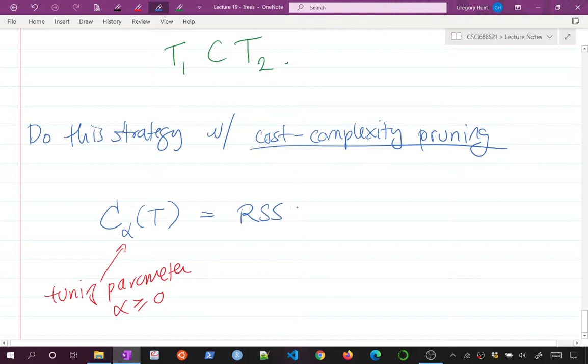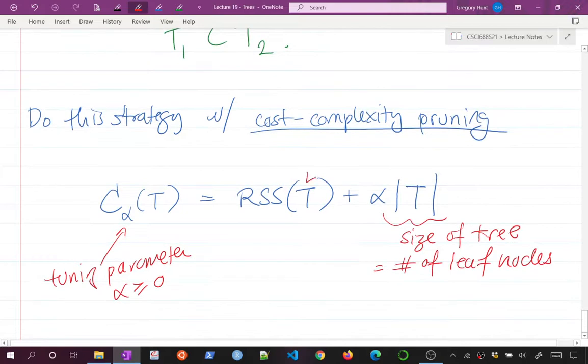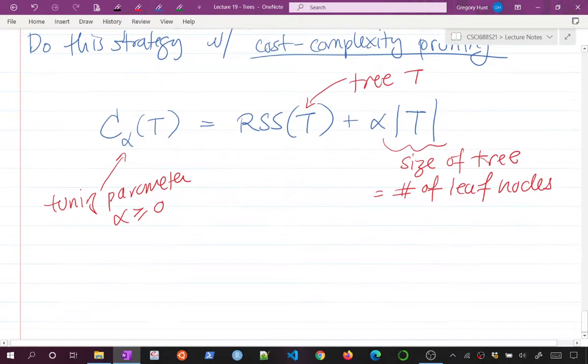It's the RSS for some tree T plus alpha times the size of the tree. The absolute value bars around T denote the size of the tree, which is equal to the number of leaf nodes in my tree. Alpha is my tuning parameter, and T is the tree, the putative tree.